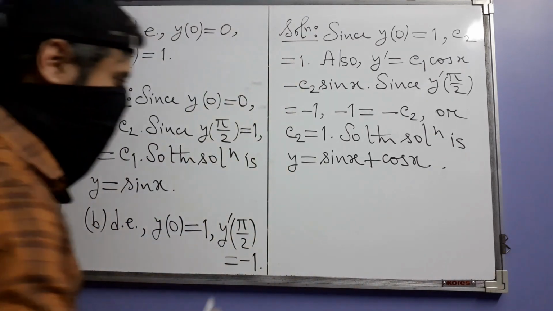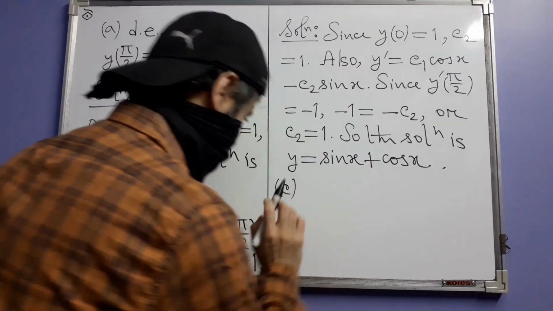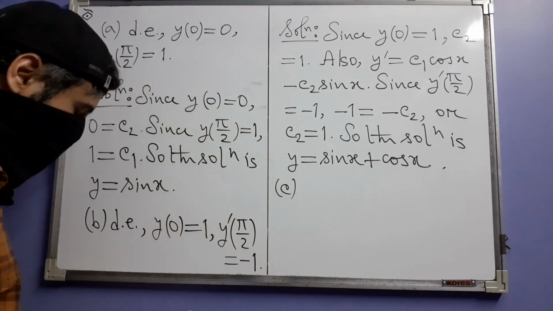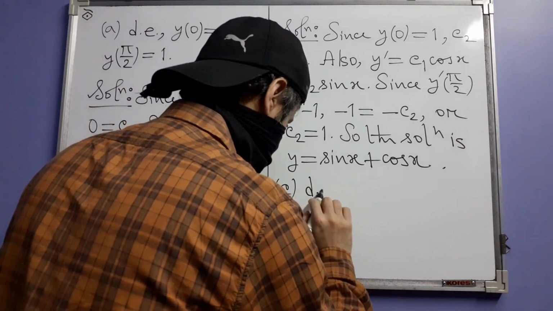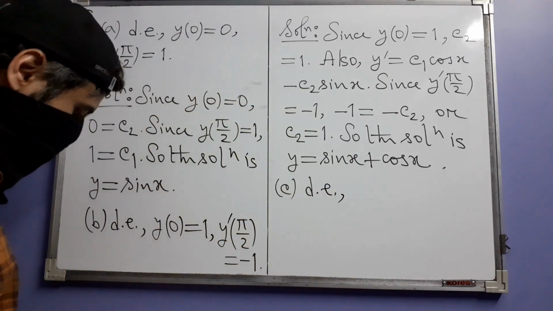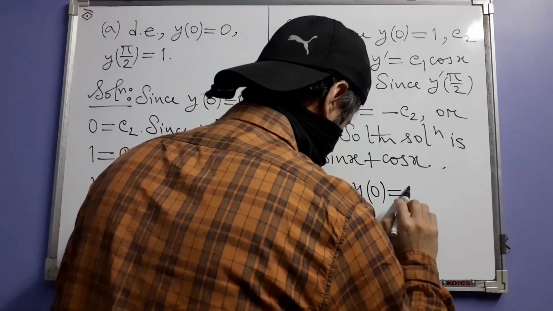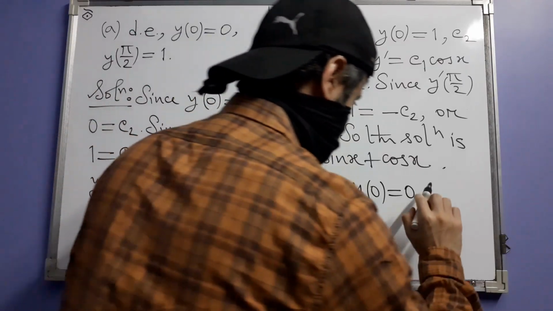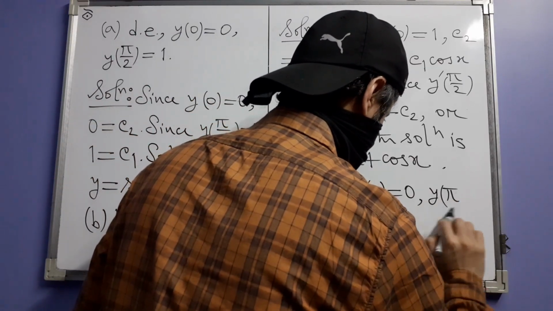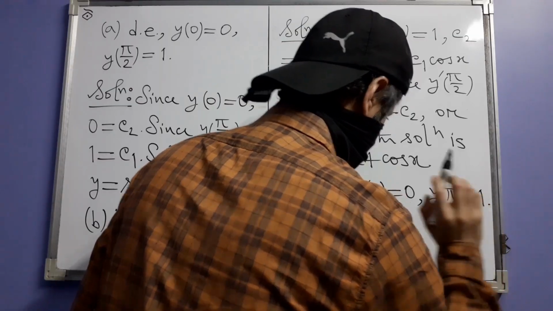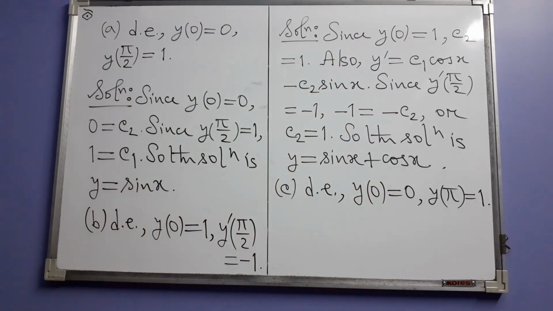However, the BVP in part C is supposed to not have any solution. The differential equation, and these are the boundary conditions. Y of 0 is 0 and y of pi is 1. Okay.